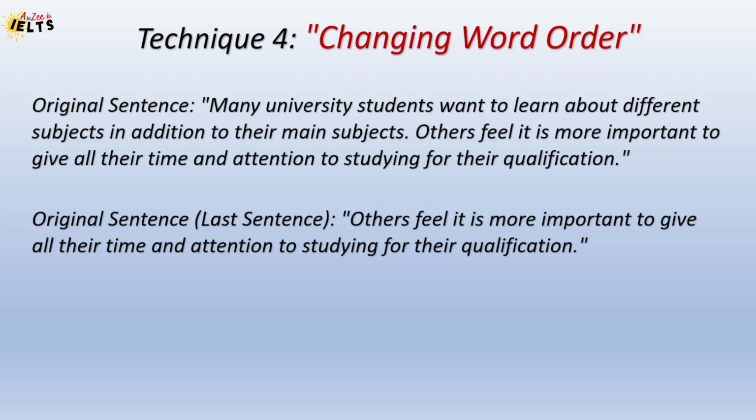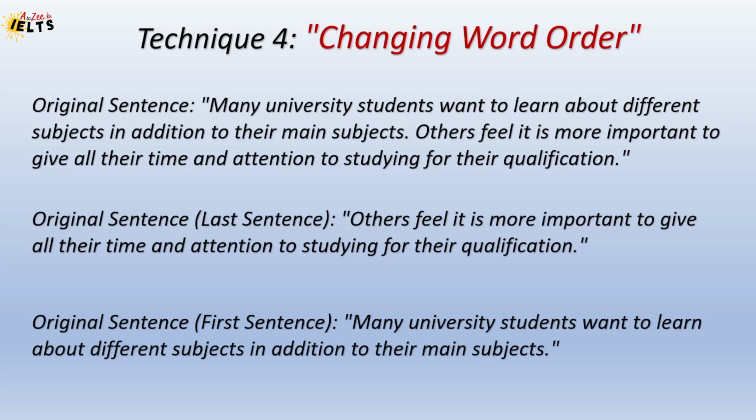And the first sentence, "Many university students want to learn about different subjects in addition to their main subjects," introduces the idea that many university students are interested in studying additional subjects.